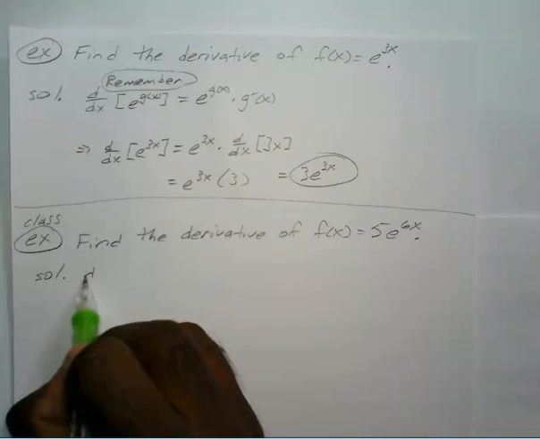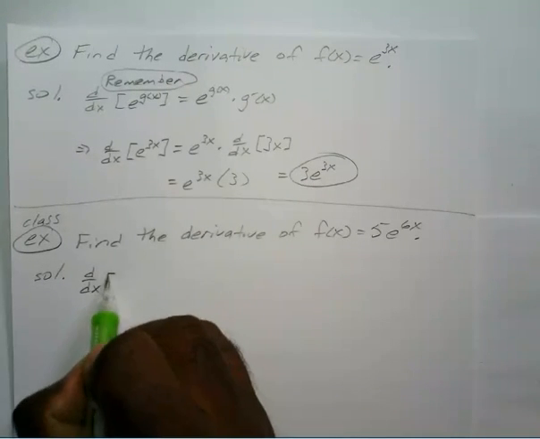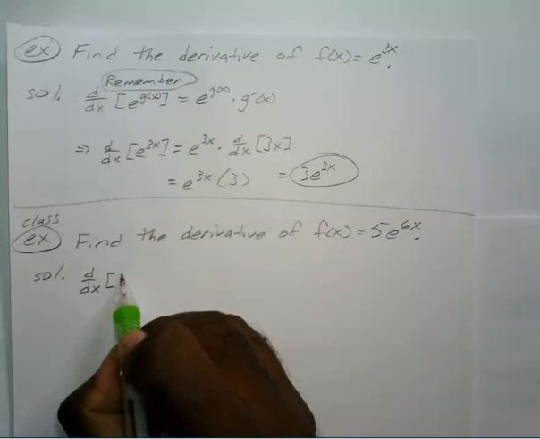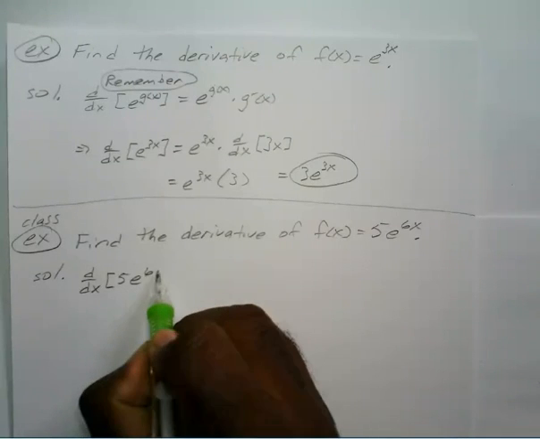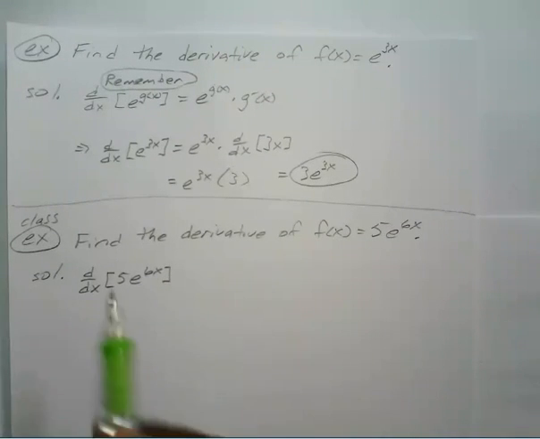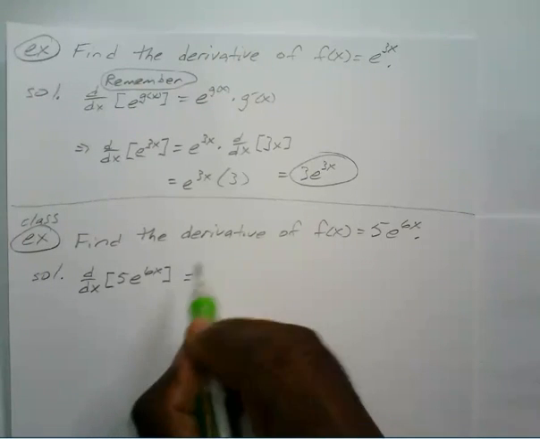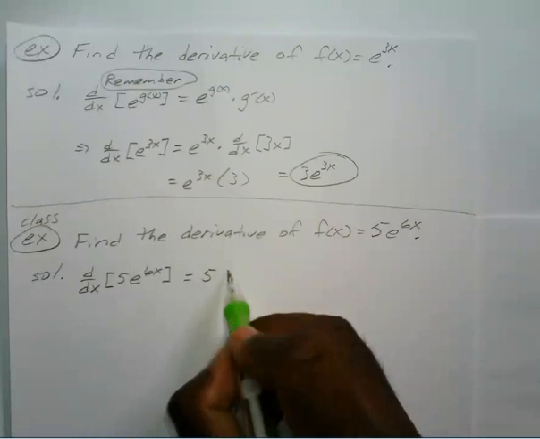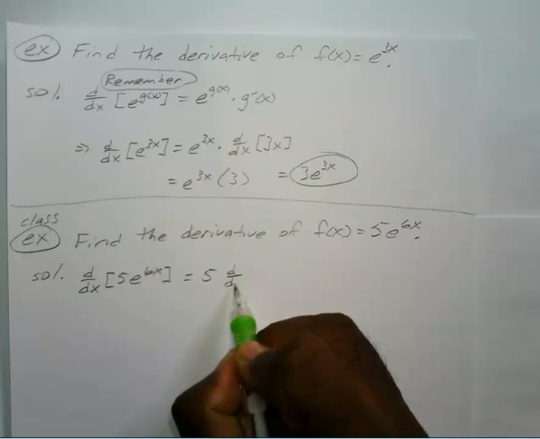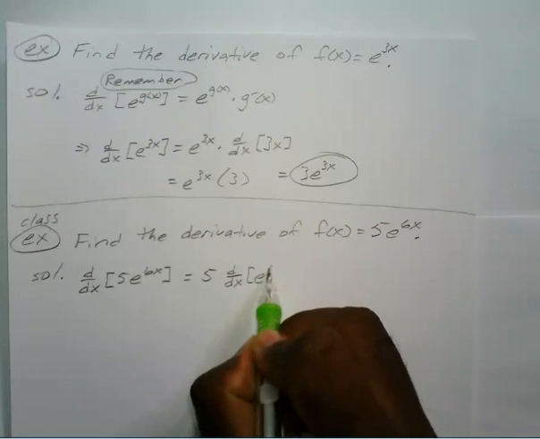We have the derivative of 5e to the power of 6x. If you want to, you can bring that 5 right on out, so you have 5 times the derivative of e to the 6x.